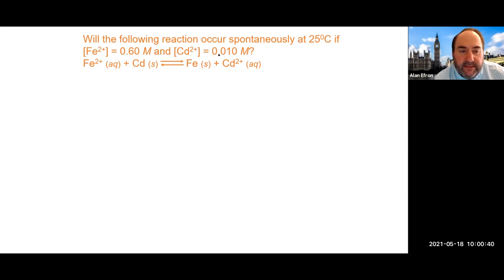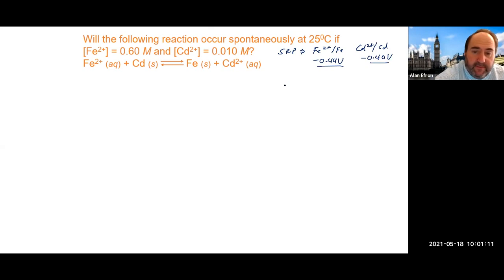If you look up in the SRP table, the iron 2+ to iron would be minus 0.44 volts, and the cadmium would be minus 0.4 volts. All right, so why don't you take a few minutes here and see what you come up with. We want to know again, will this be spontaneous under these conditions?